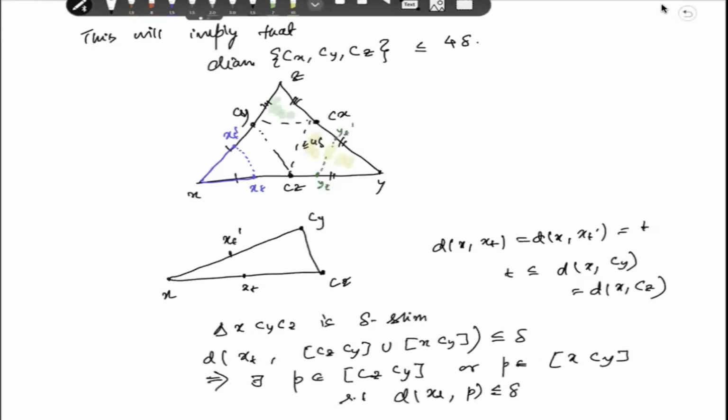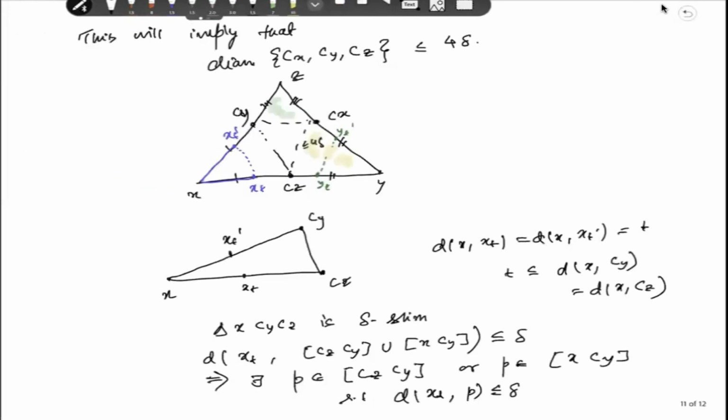Okay, so now suppose first that P belongs to Cz Cy. Then we already know that this distance is less than or equal to 4 delta.